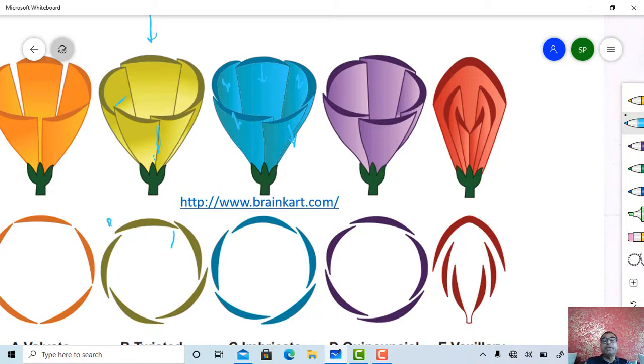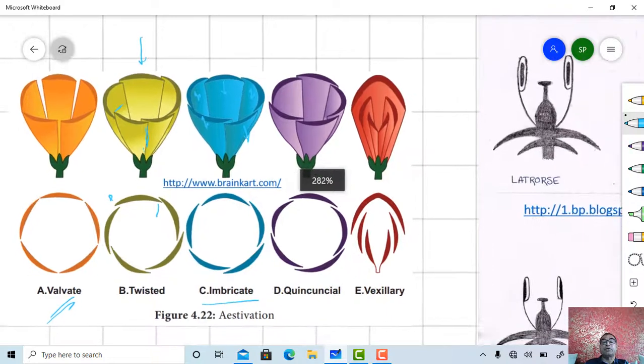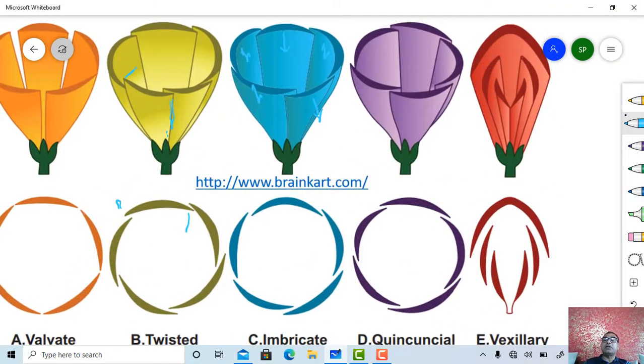So this is an imbricate type of aestivation. Then if you see the quincuncial type of aestivation, this one and this one, sepal or petal or tepal, are completely on the outer side. Then this one, sepal, petal, or tepal are completely on the inner side, while one of the sepals or petals is overlapping.